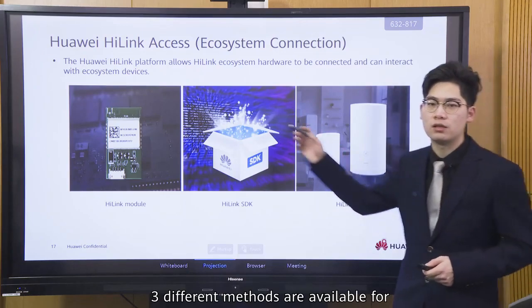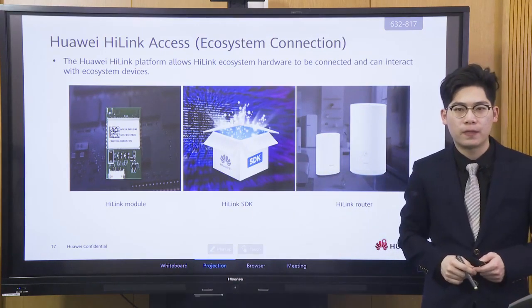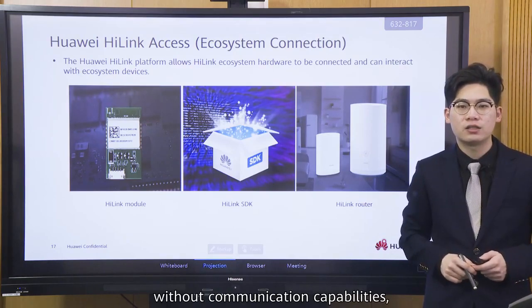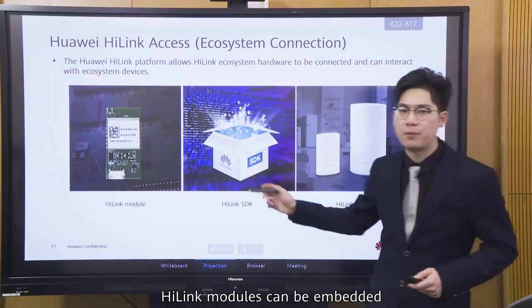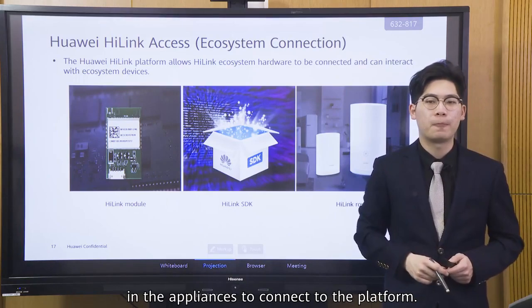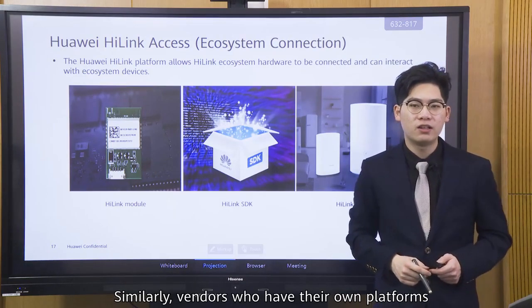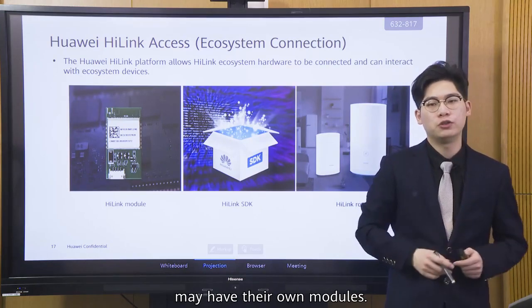Three different methods are available for connecting to the High-Link ecosystem. For electrical appliances without communication capabilities, High-Link modules can be embedded in the appliances to connect to the platform. Similarly, vendors who have their own platforms may have their own modules.